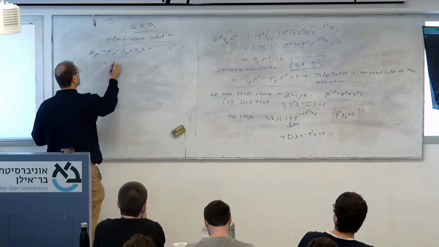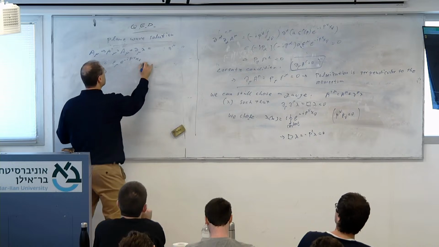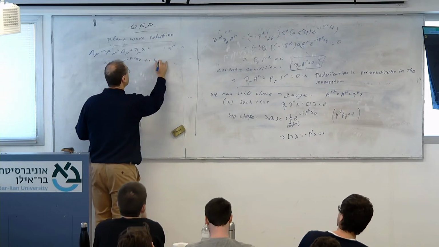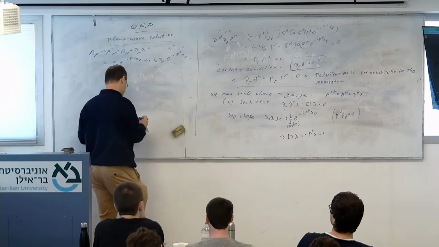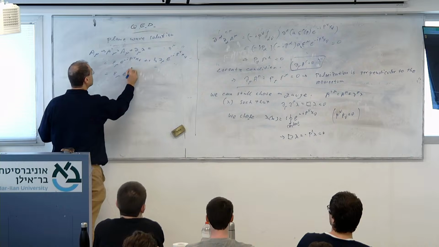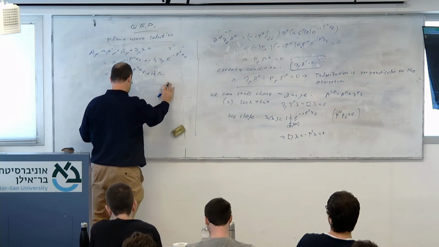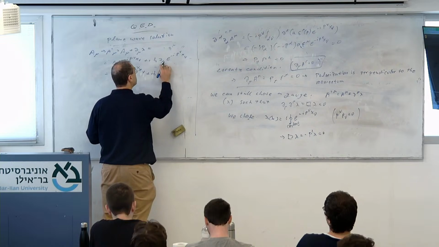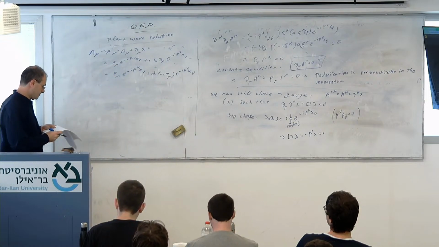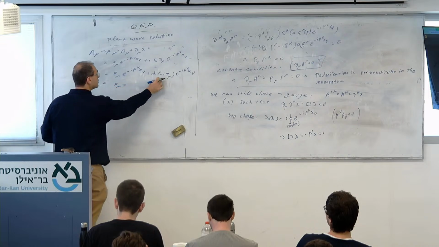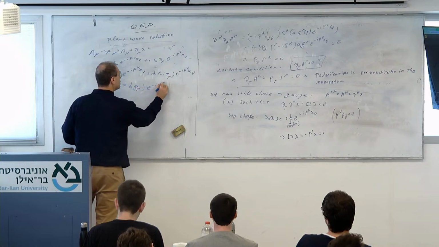So we have epsilon mu e to the minus i p x plus i b d mu e to the minus i p x, which is epsilon mu e to the minus i p x plus i b times minus i p mu e to the minus i p x, which is epsilon mu plus b p mu times e to the minus i p x.